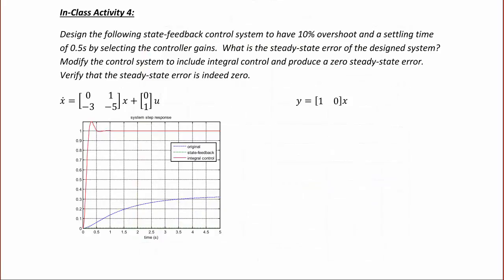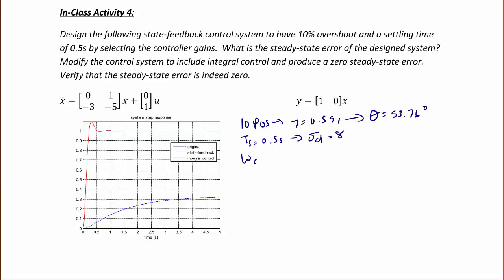We will do state variable feedback with no integral control first. So let's find the desired characteristic equation. For 10% overshoot, that yields a constraint of zeta equal to 0.591, which yields a constraint of theta equal to 53.76 degrees. For a settling time of 0.5 seconds, that yields a constraint of sigma d equal to 8.